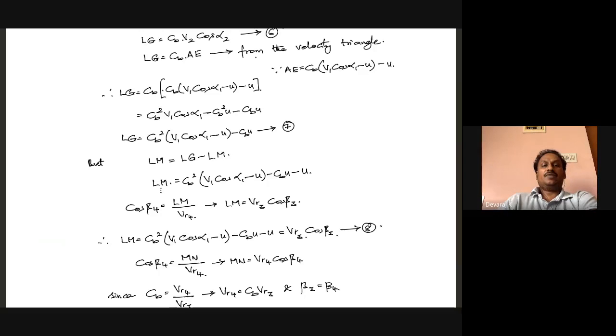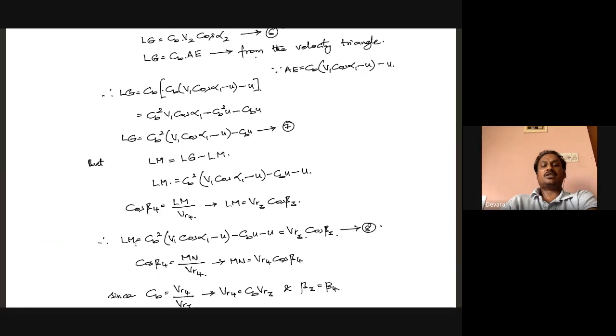So now LM is equal to CB square into (V1 cos alpha 1 minus U), minus CB into U, minus U. Now, what is cos beta 4? Cos beta 4 is equal to LM by VR4, or I can write LM is equal to VR3 into cos beta 3.